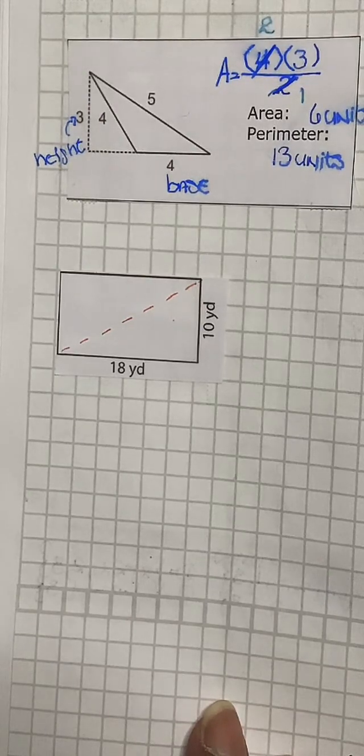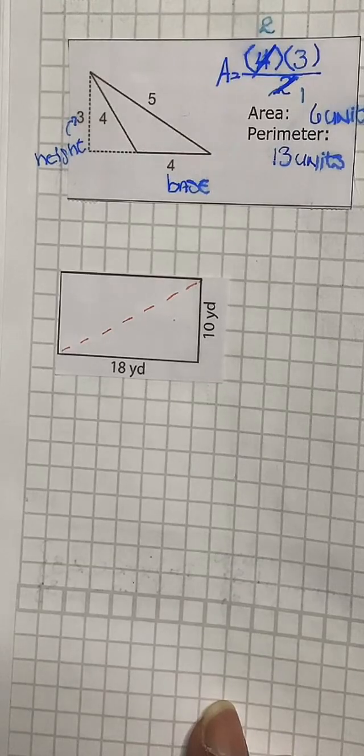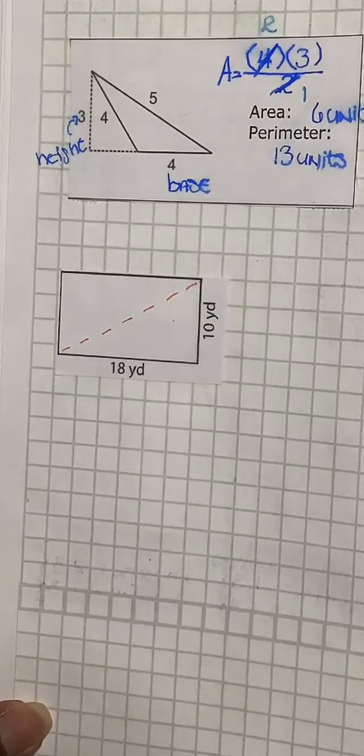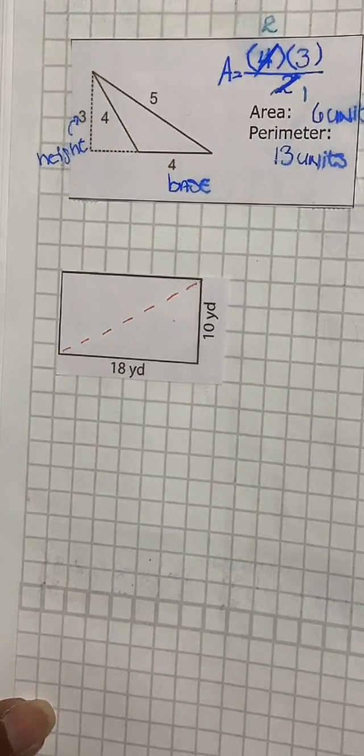Okay, so Raven's saying perimeter is 56 and area is 90. Janice is saying my perimeter is 56. Okay, the area is 180.